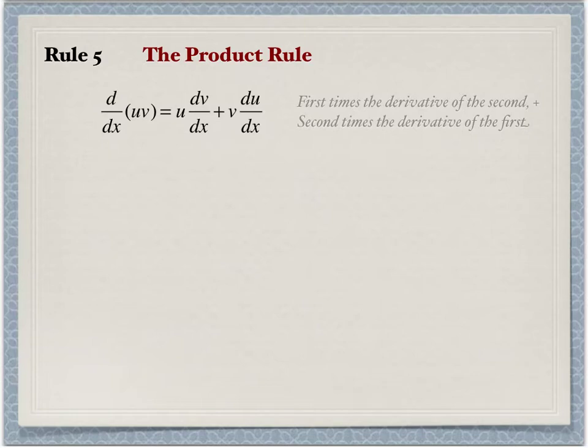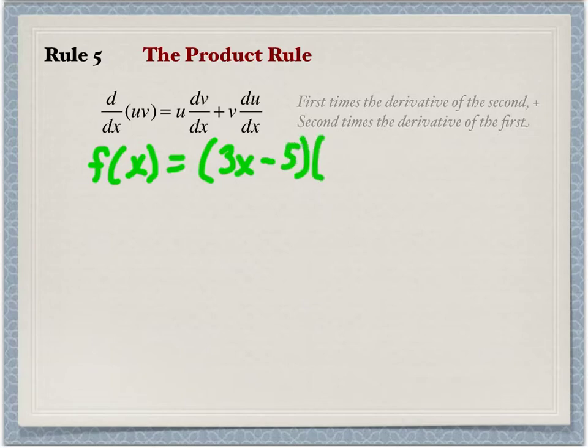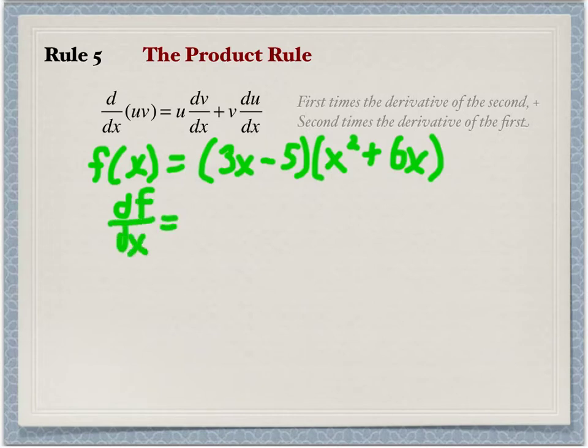Let's say I have my f of x equaling, and I'm just going to leave this in product form, 3x minus 5 times x squared plus 6x. And I want to find df over dx, in other words, another way of writing the derivative. Alright, so we're just going to follow through here.